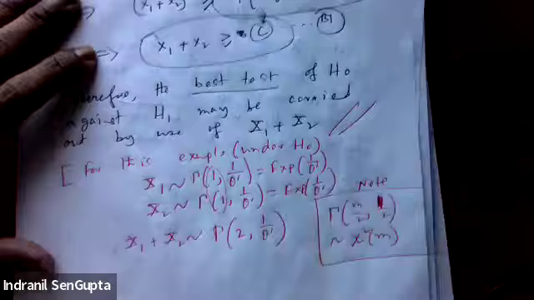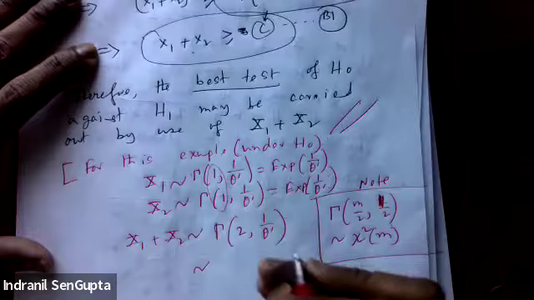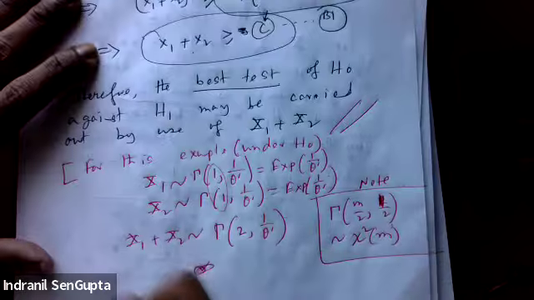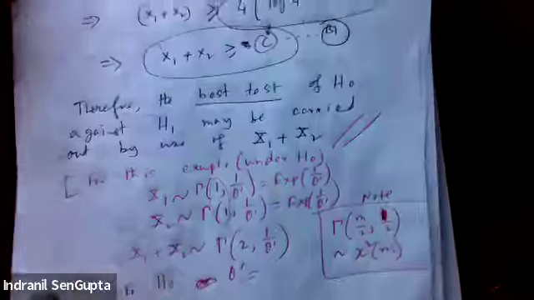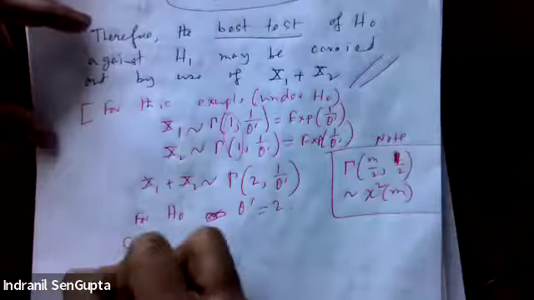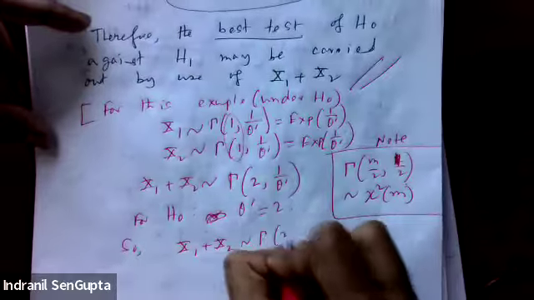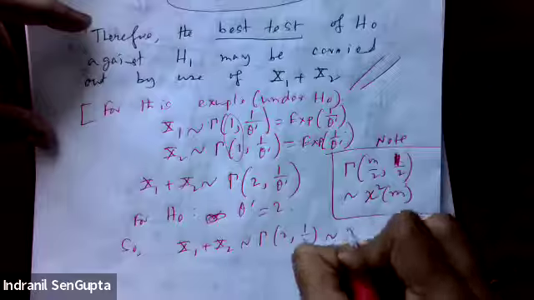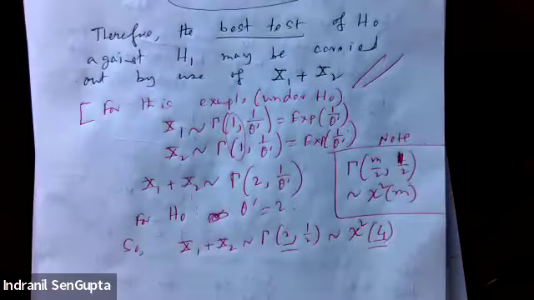Note that for H0, my theta prime is given to be 2. Yes, the theta prime is 2. So x1 plus x2 really follows gamma of 2 comma 1/2, which is the same as chi squared of 4.